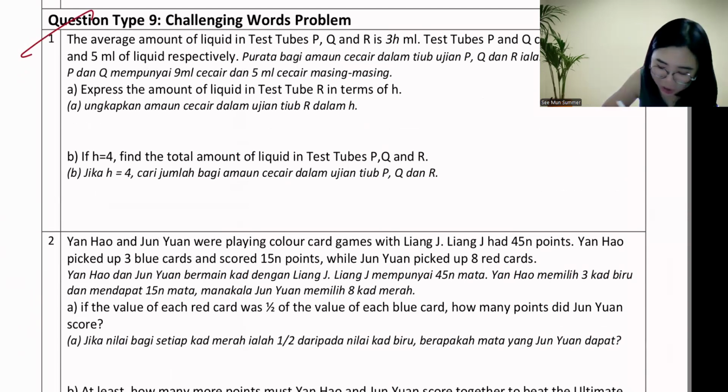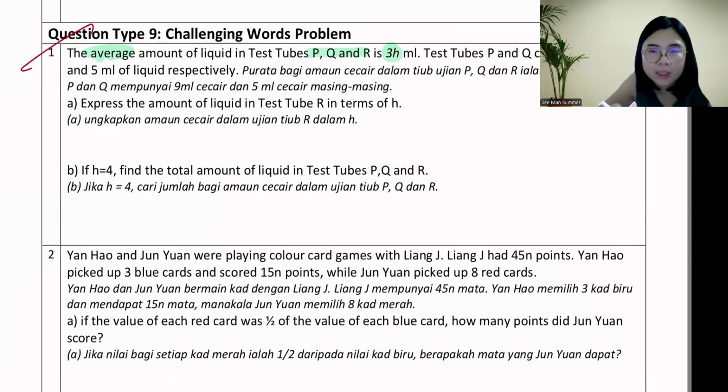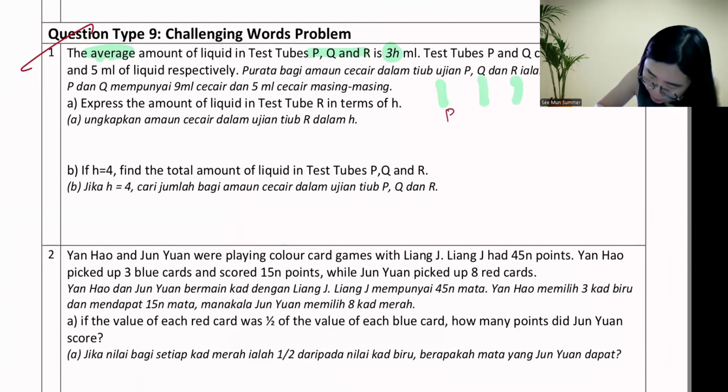So average amount of liquid in P, Q, R is 3H. So meaning there are 3 bottles, P, Q, R, and then the average amount of water is 3H. And then he said, okay, then I think I should draw the bottle out. 1, 2, 3. So this is P, Q, R. And then they say the average is 3H.